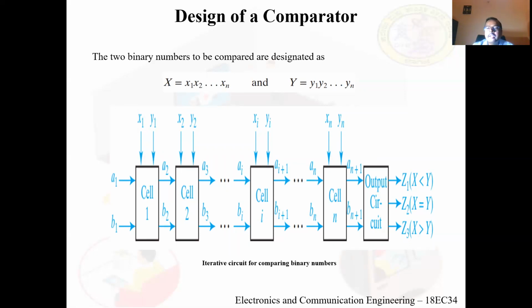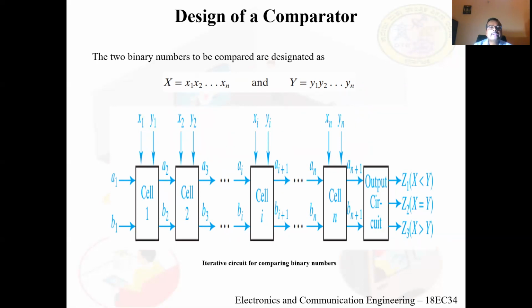Now we know what an iterative circuit is. Now we'll see why an iterative circuit is more suitable for comparing two n-bit binary numbers. The first question that comes to our mind is why an iterative circuit here. As we saw in a previous module, I think module 2, we designed a 1-bit comparator, 2-bit comparator, and 3-bit comparator. As the number of bits for comparison increases, the complexity of designing that also increases.